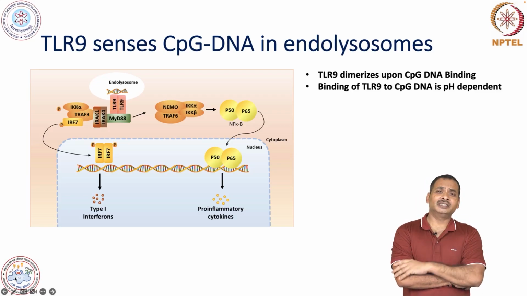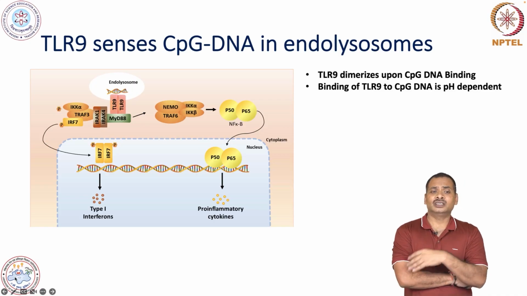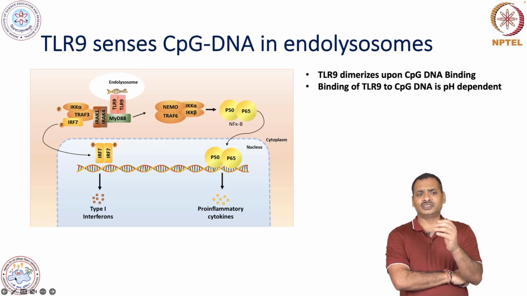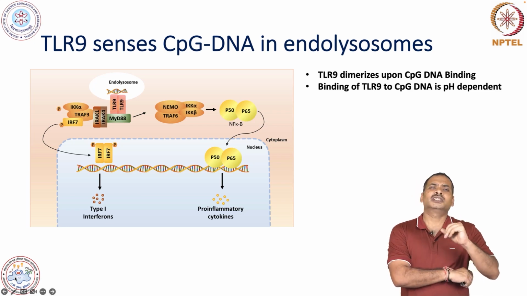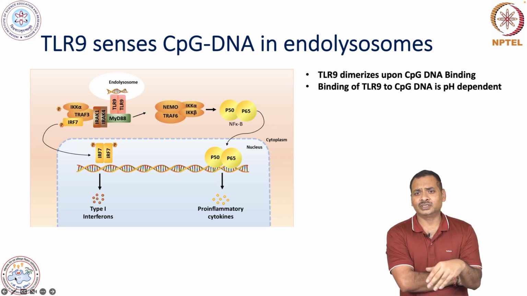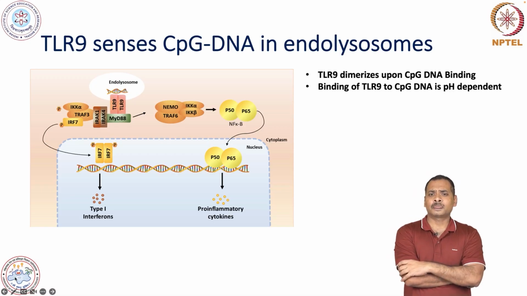MyD88 directly activates IRF7 via various protein complexes. Here you can see there is IRAK1, IRAK4, IKK alpha, TRAF3. All these guys basically activate IRF7, and that will induce type 1 interferon.